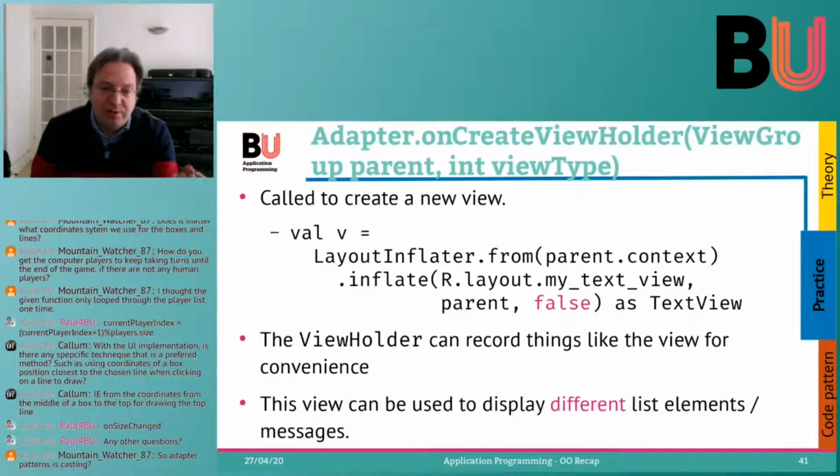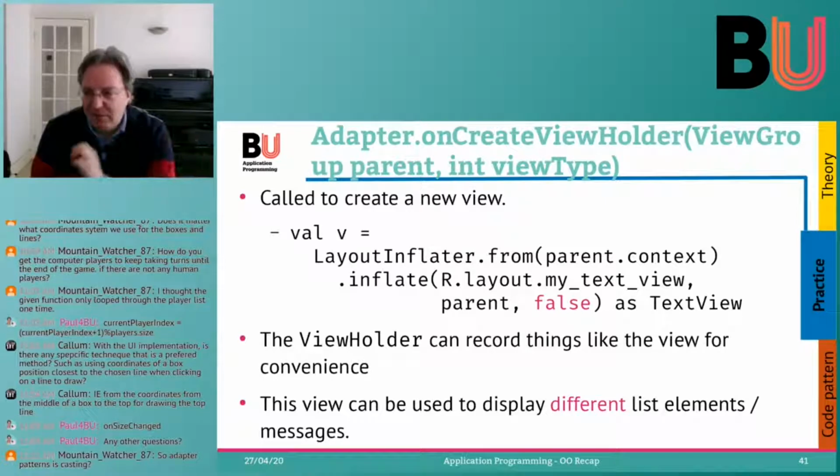When we create it, onCreateViewHolder gives you two parameters: the parent and the view type. The view type, by default, will just be 0.